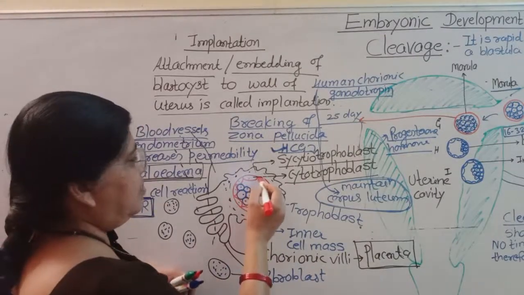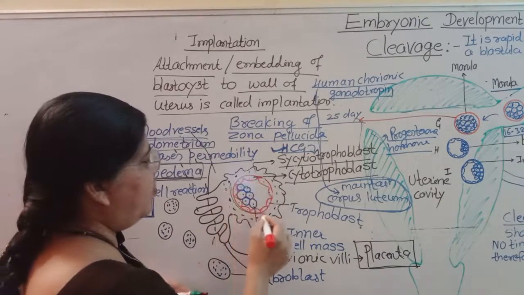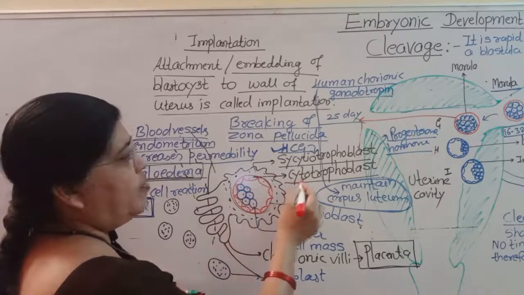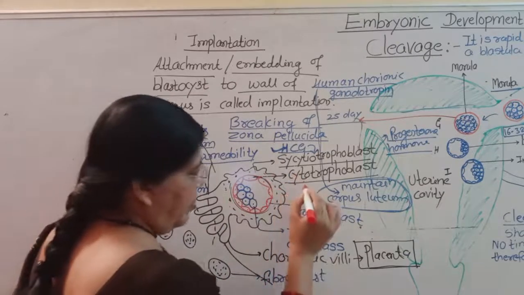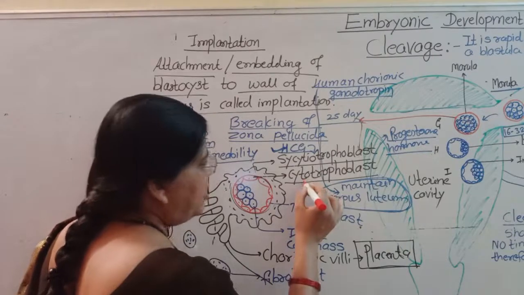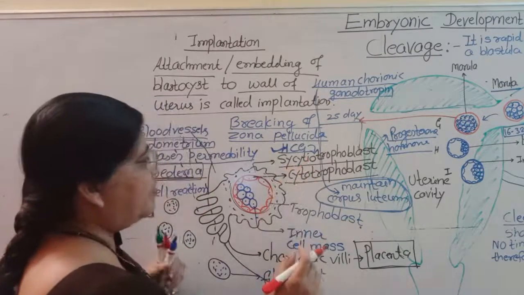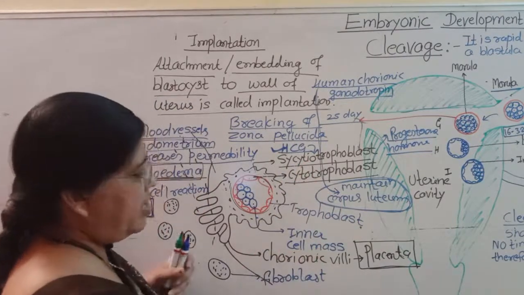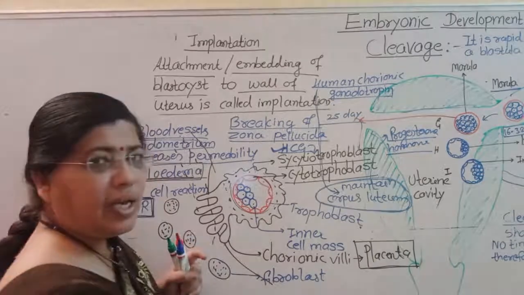Cytotrophoblast is the first layer of trophoblast. The cytotrophoblast plays an important role in the formation of extra embryonic membrane, that is chorion.